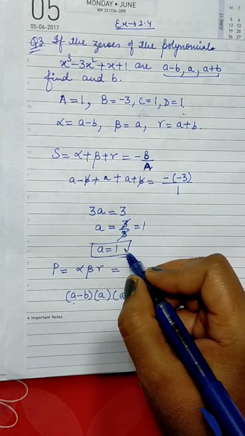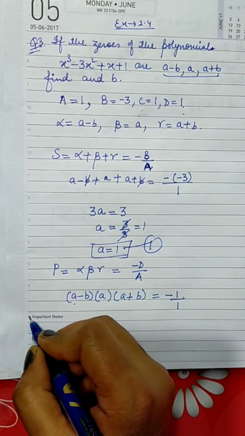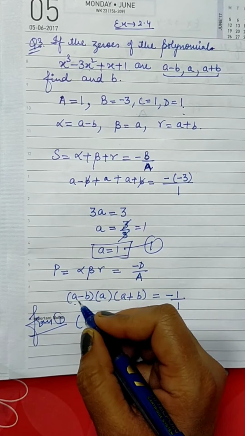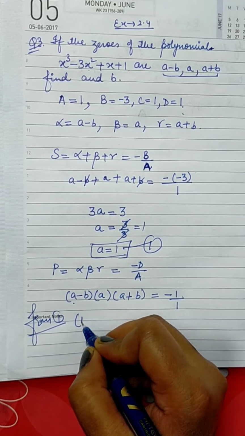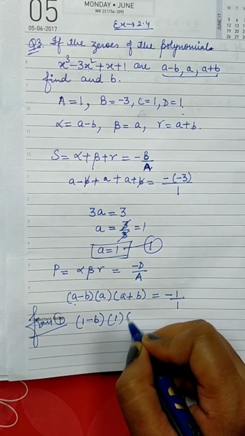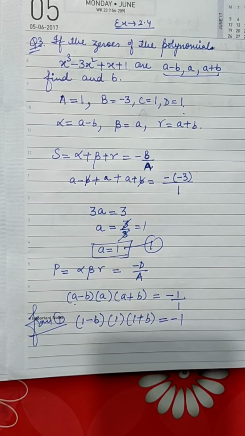So here I know the value of a to be 1, so I am putting this value here. I am replacing a by 1 now. 1 minus b, 1 plus b equals minus 1.